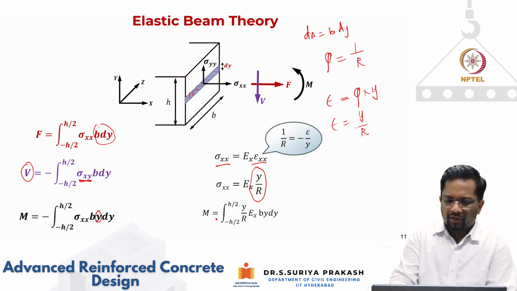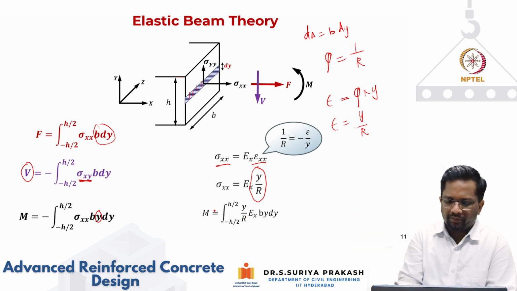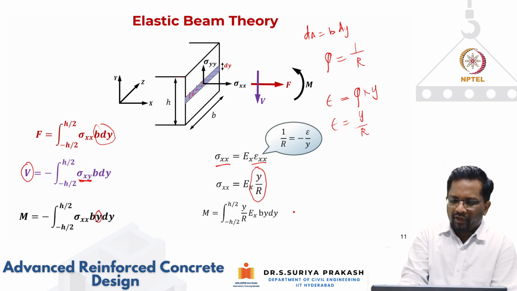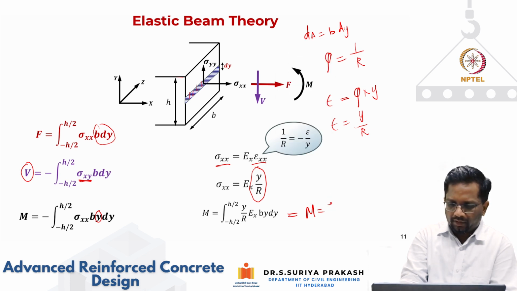Okay, so E is anyway a material constant. For a particular rotation, 1 by r can also be taken out. So if you do that, then M becomes E by r multiplied by the integration from minus h by 2 to plus h by 2 of b y square dy.